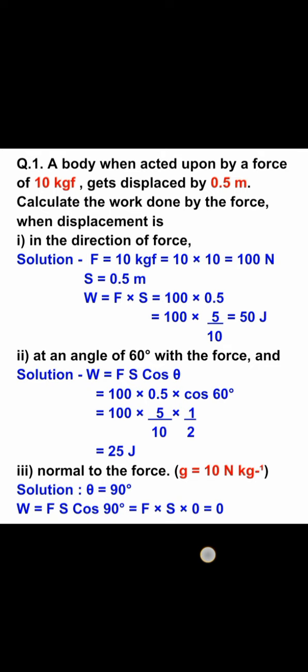So F's value 100, S's value 0.5 and theta's value is given 60 degree, so we'll write it as cos 60 degree. This equals 100 into, decimal is removed, 5 by 10 into cos 60 degree's value is 1 by 2. So after simplification we will get it as 25 joule.